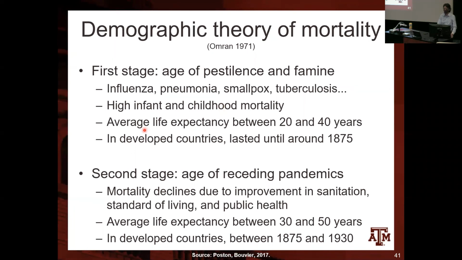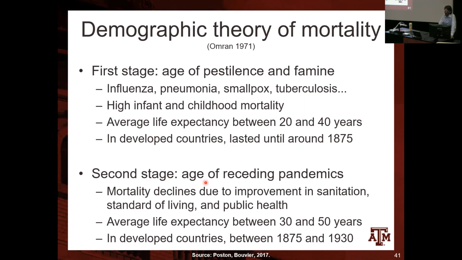The overall life expectancy at birth really low. People used to live only on average between 20 and 40 years of age. And this first stage of the age of pestilence and famine in developed countries lasted until around 1875.